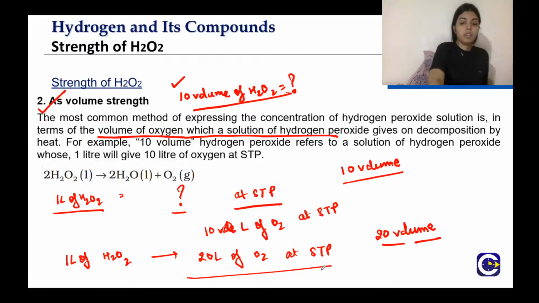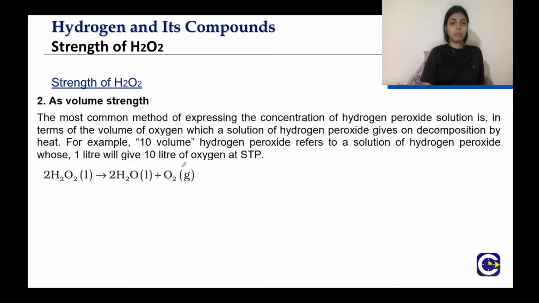Right. So here you just have to remember, what is volume strength? The amount or the volume of oxygen which we are obtaining from 1 liter peroxide solution while it is undergoing decomposition at STP, that is known as what? Volume strength of peroxide. Right.